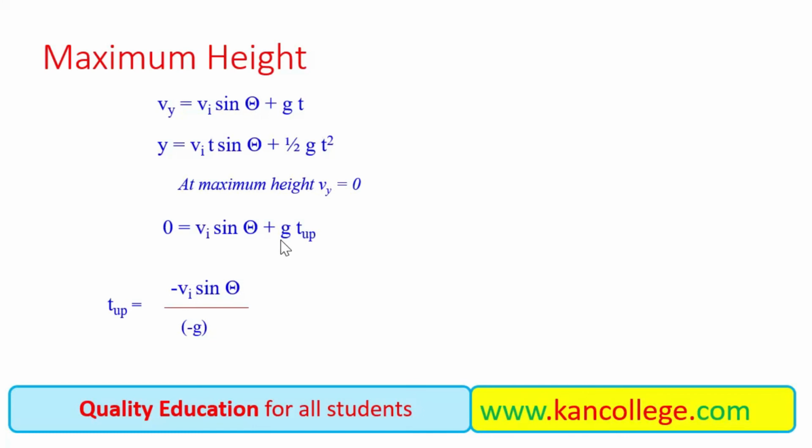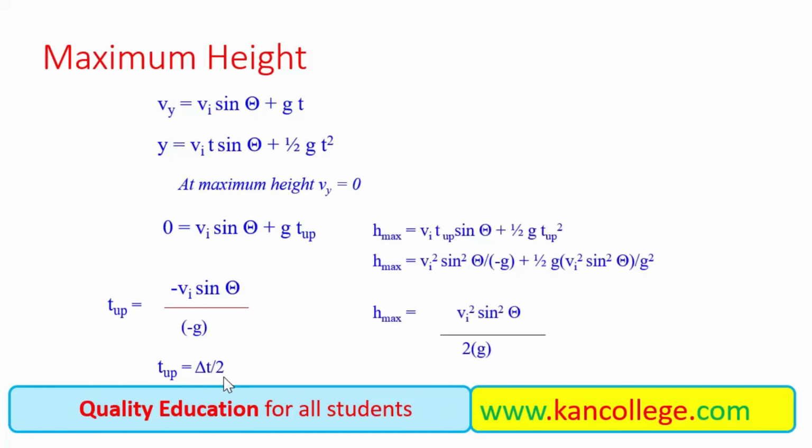we get the up time, and we know that this up time is half of the total time. So if you multiply it by 2, it will be equal to the total time of flight, as I have already mentioned in the previous slide.